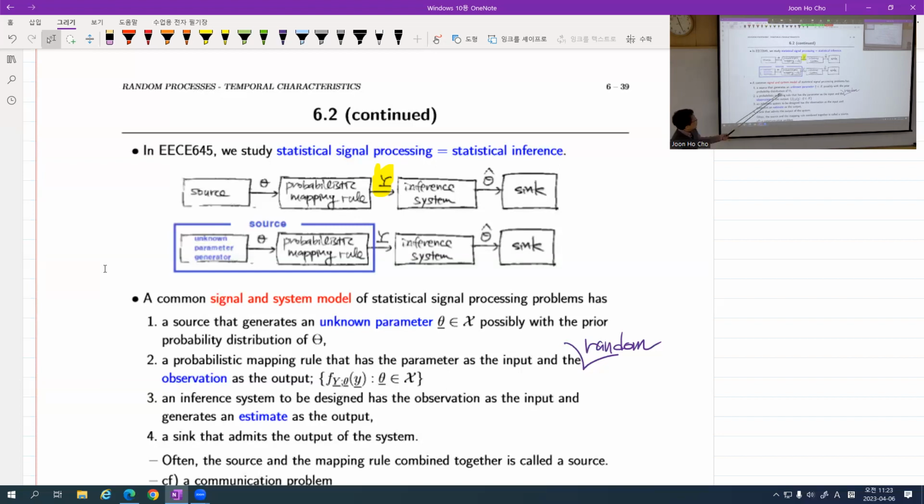What is important is that this has uncertainty. So one of the mathematical approaches is to use probability theory. So we model this as a random observation.